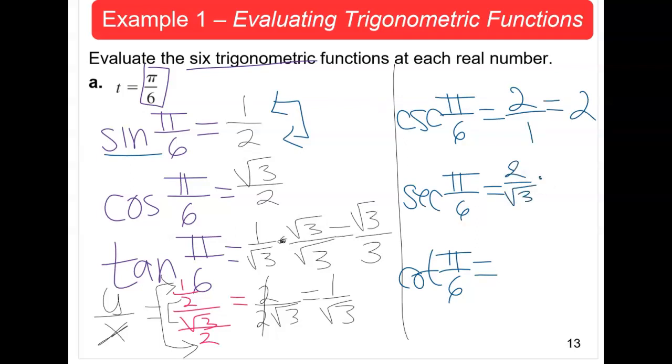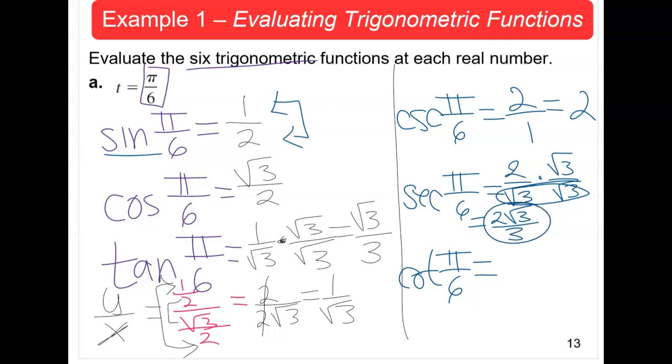So in this case, we do have to rationalize, and we multiply by square root of 3 top and bottom. So we end up with 2 times the square root of 3, and then the square root of 3 times the square root of 3, it will be the square root of 3 squared, which is 3. So this is the value that we will be using.